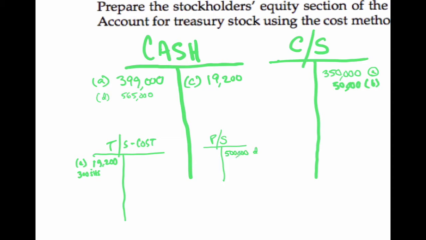That's D. And then we'll also have additional paid-in capital, preferred, for the extra 565 minus 500, or 65,000, in D.